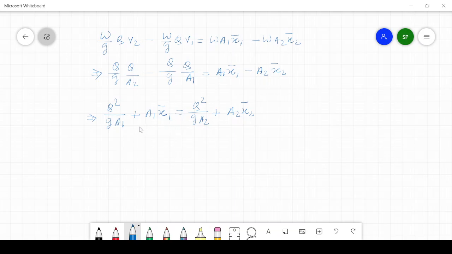Okay. That means the first term here represents the momentum of flow per unit time per unit weight of water. I am writing common g as it was constant. So this is equal to momentum of flow per unit time per unit weight of water.